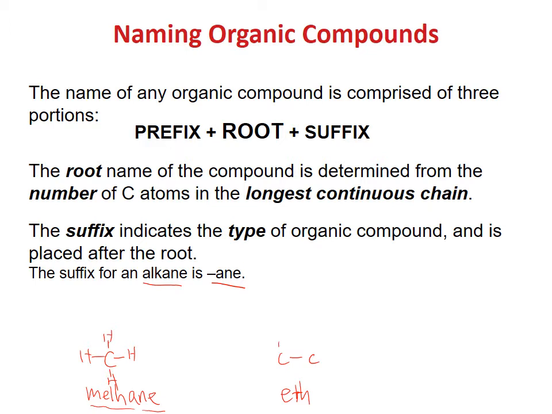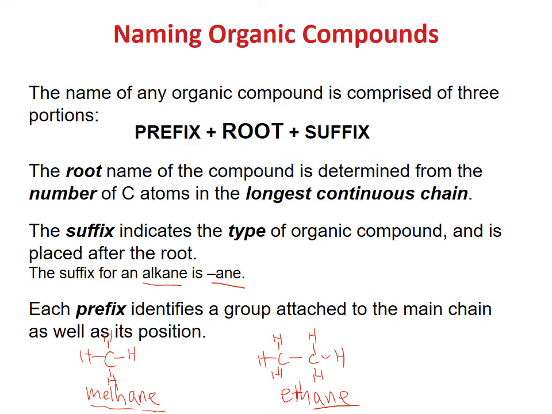Similarly, if these 2 carbons both connect to hydrogen with a single bond, this is an alkane, and therefore we add A-N-E as its suffix. So the name is ethane.